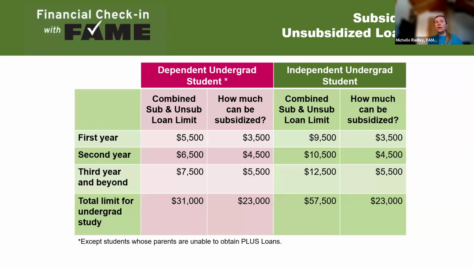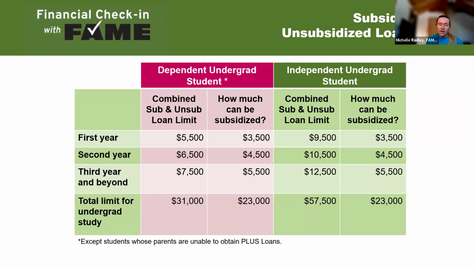They increase that amount because there's an assumption that you're likely to have higher amounts of scholarships the first year, and maybe your educational expense is a little lower, and then those things change over time. You can see in the second column how much can actually be subsidized. Again, that's the amount that doesn't accrue interest until after your 6-month grace period.